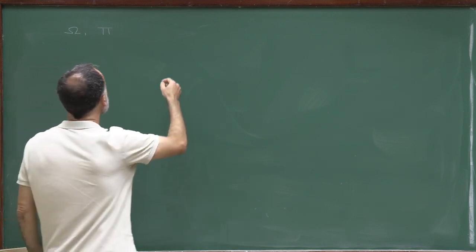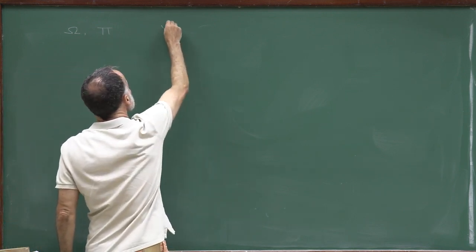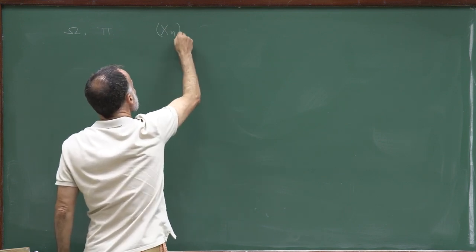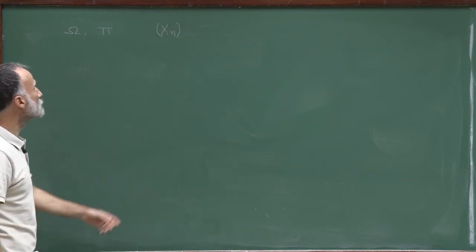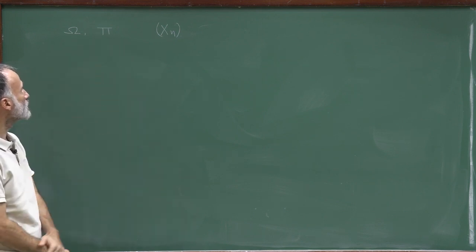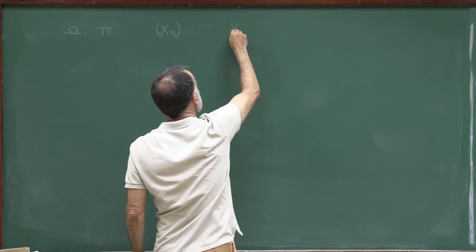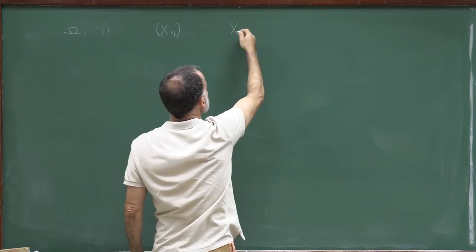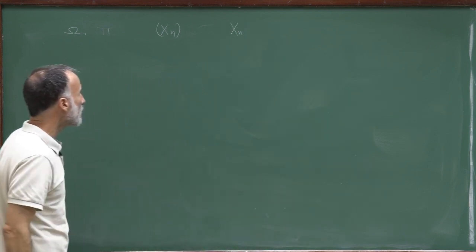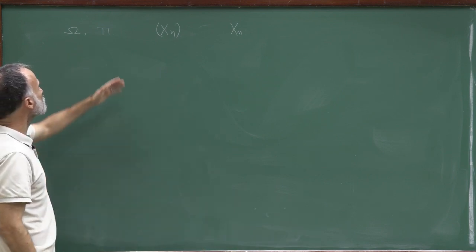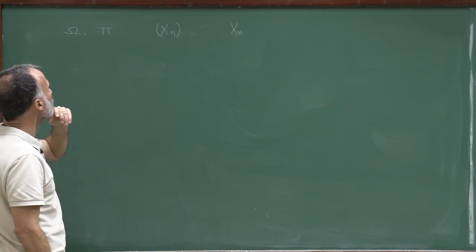And the idea we proposed is to construct a Markov chain, which is aperiodic and irreducible and which has pi as its unique invariant state. The idea was to run that chain for a very long time and to claim that after a very long time n, the distribution of the Markov chain would be close to pi.